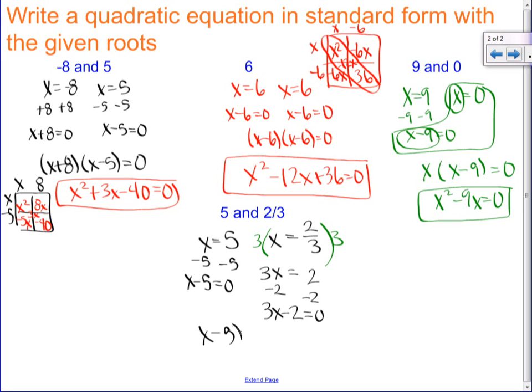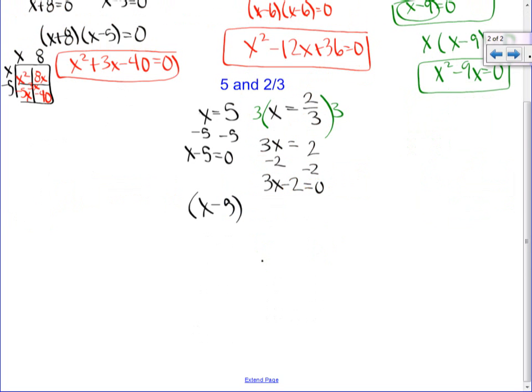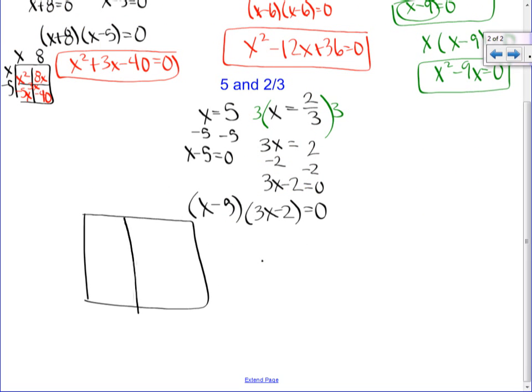So we've got x minus 5 and 3x minus 2. And now we just need to multiply them. So we've got x minus 5, 3x minus 2.